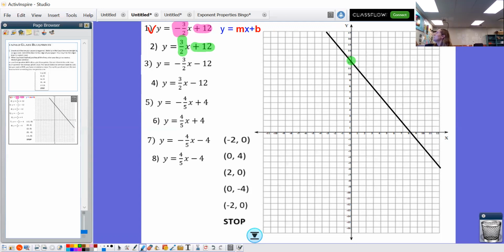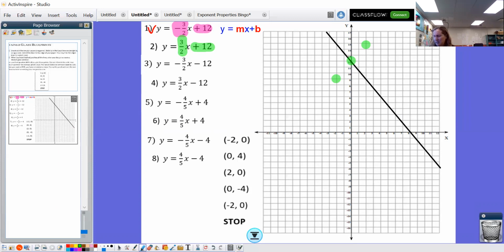That slope is positive, so from left to right this line should be going uphill. I'm going to move up 3 units, 1, 2, 3, and to the right 2 units, 1, 2. Boom. I can't really graph another point on this graph, or can I? I can't really move up 3 and over 2, so I'm going to work backwards from that point. Instead of moving up 3 and to the right 2, I'm going to move down 3 and to the left 2.